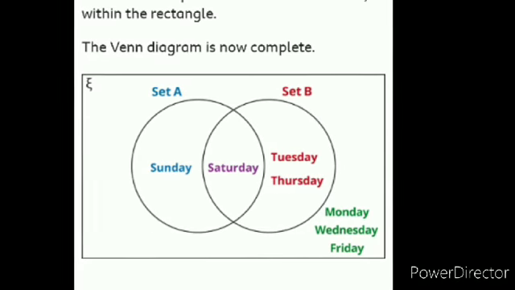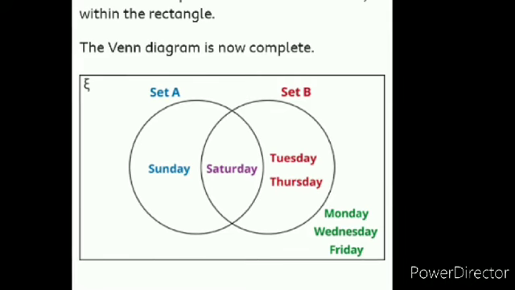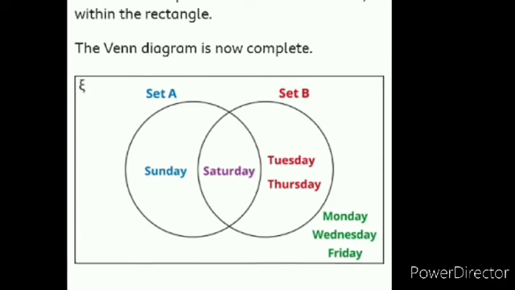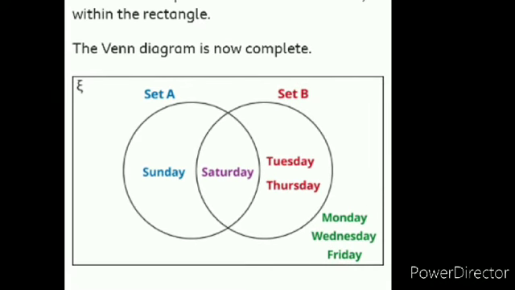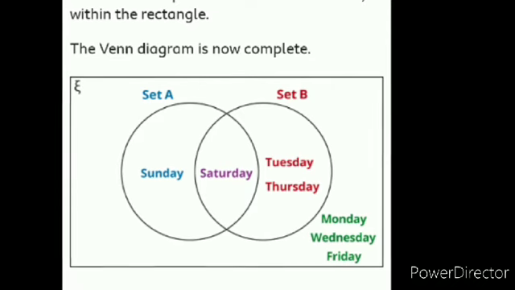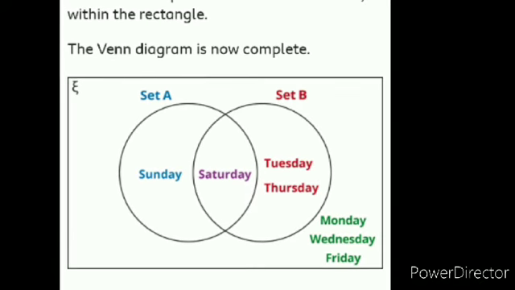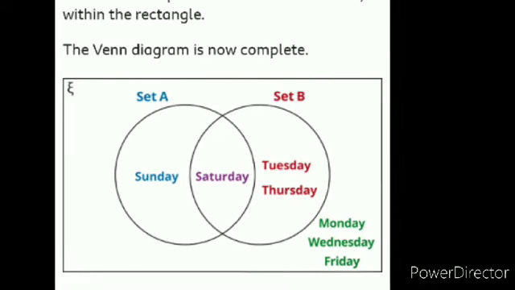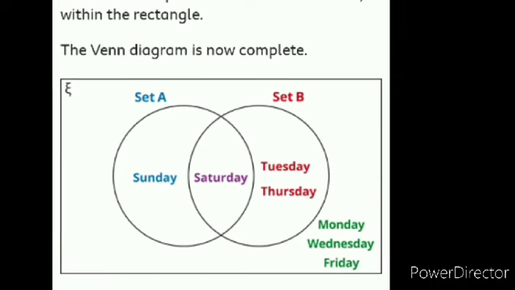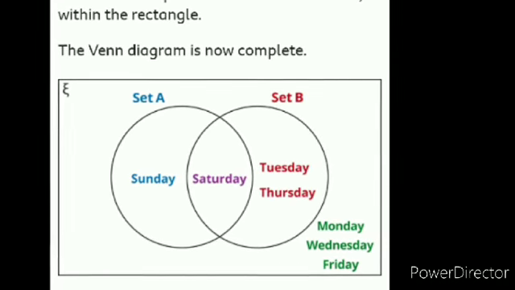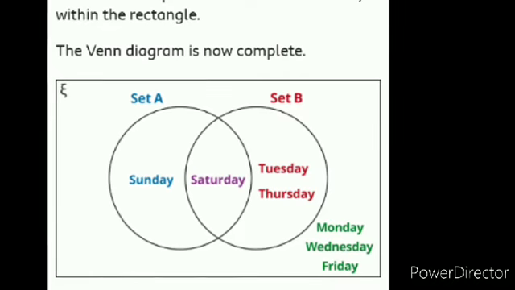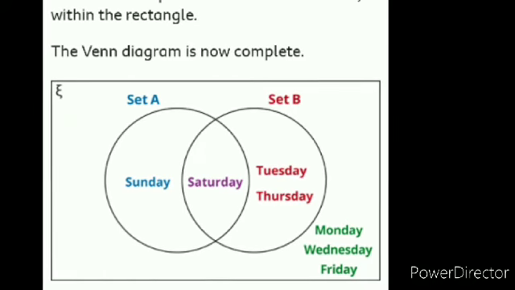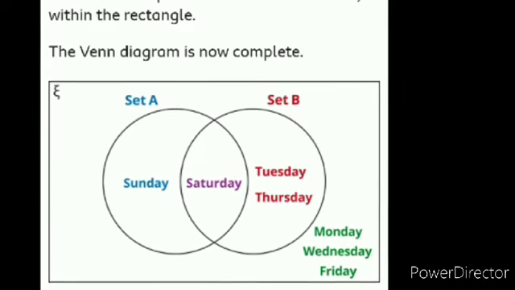These must be placed outside of the circles within the rectangle because they are not members of set A or set B. So we represent the complete Venn diagram: in circle set A, Saturday and Sunday, and in set B, Tuesday, Thursday and Saturday, and the remaining days, Monday, Wednesday and Friday, we represent inside the rectangle but outside the circles.